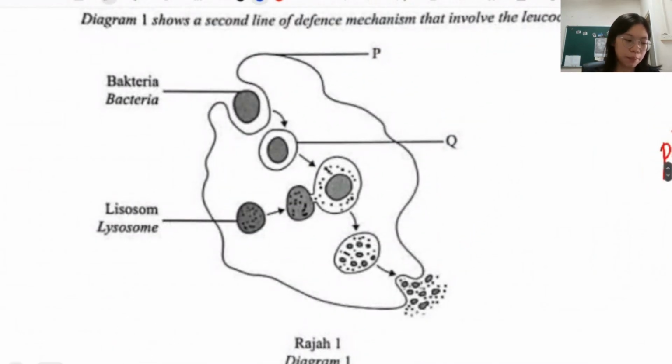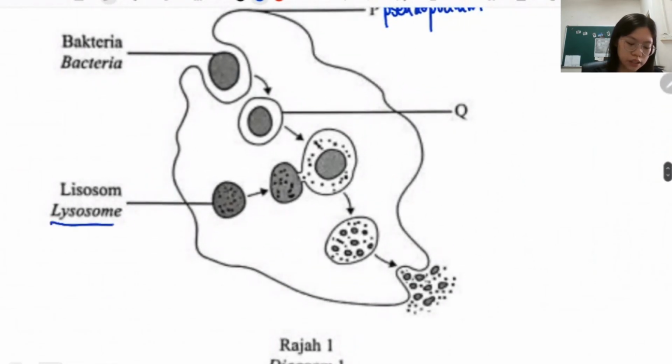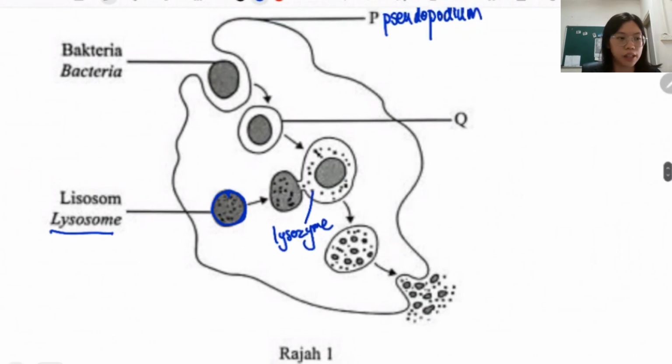What happens at first is this pseudopodium will extend and envelop the bacteria. P is a pseudopodium, and here we have bacterial lysozyme. Lysosome is actually a vesicle in the cell, and later it will fuse with it and secrete something called lysozyme, which is a digestive enzyme.